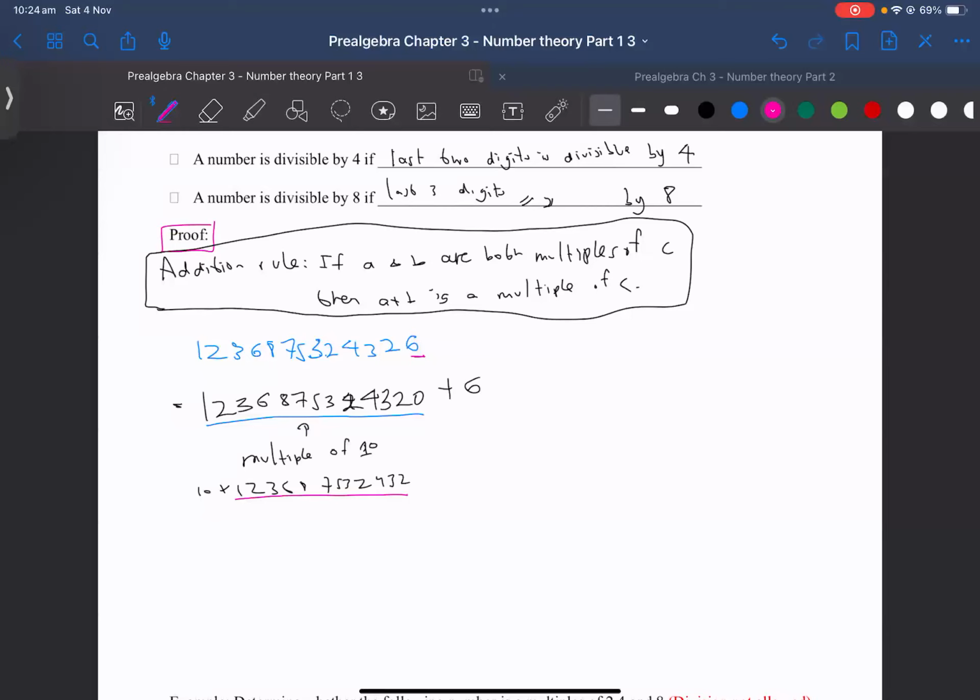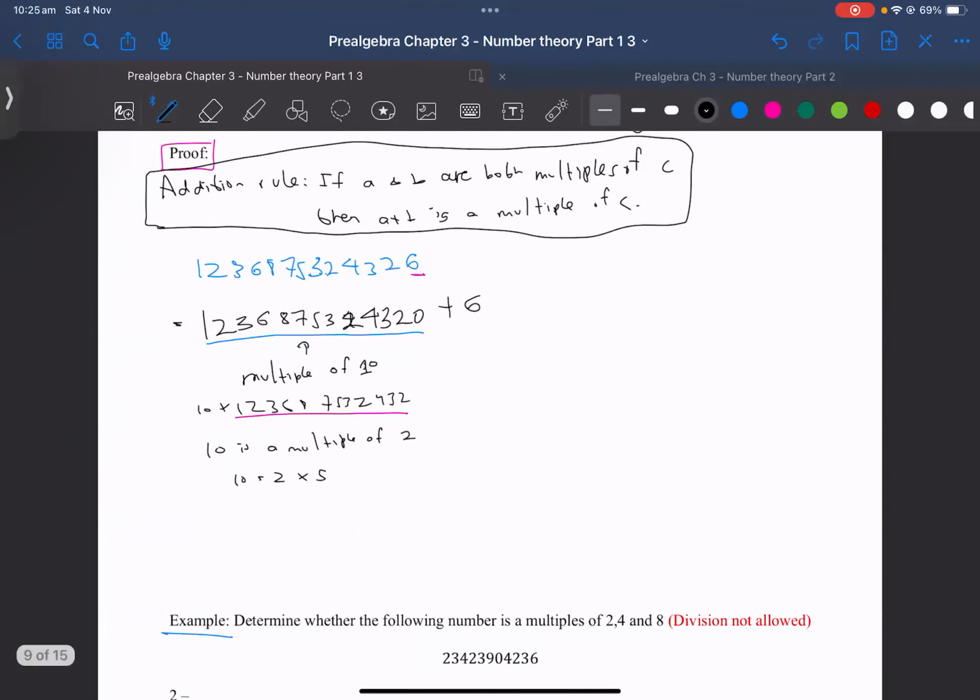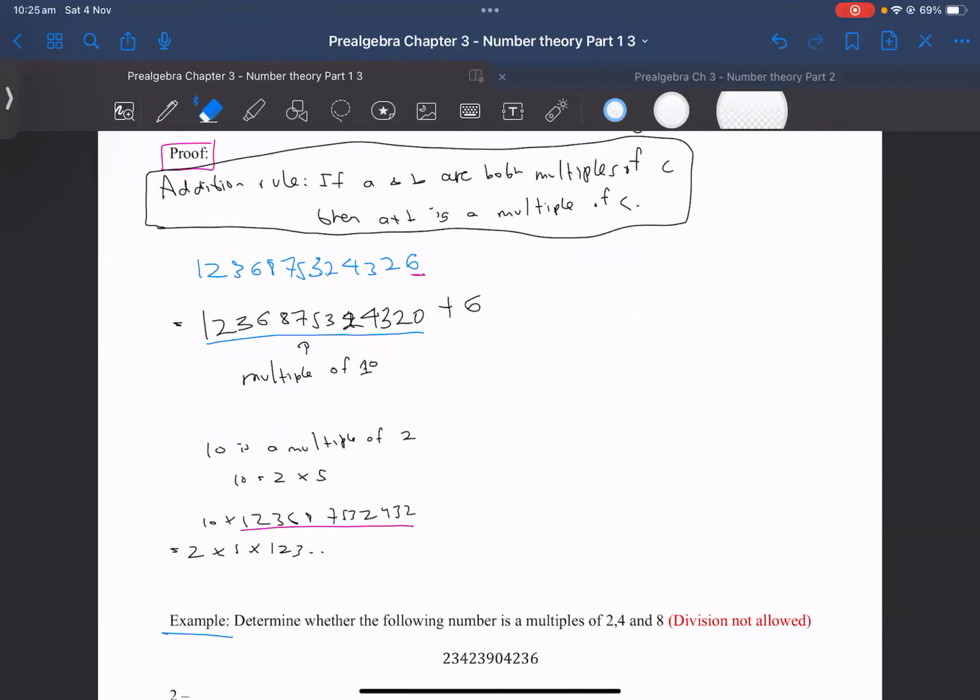And 10 is a multiple of 2, right? That's 2 times 5. That means anything that's a multiple of 10 is also a multiple of 2, because the number is going to be 2 times 5 times some whole number. Actually, wait, I won't go through this, but do you agree that this first number is even?